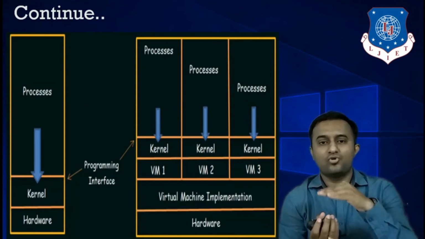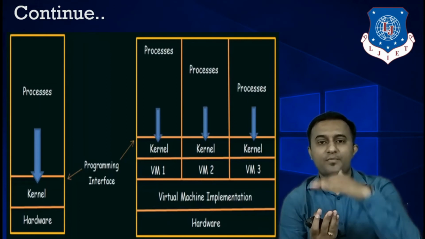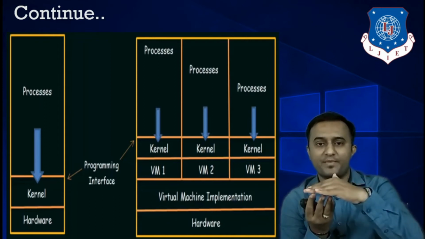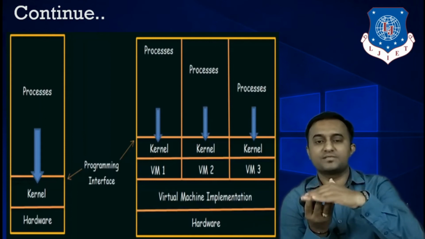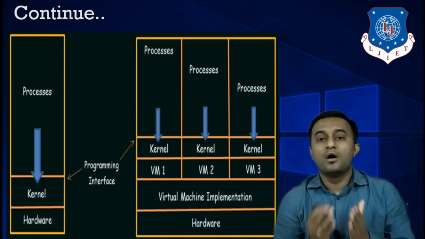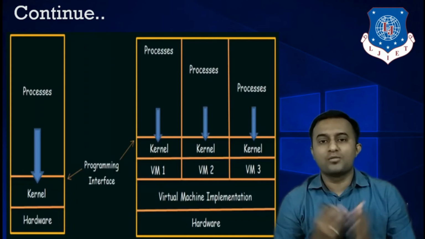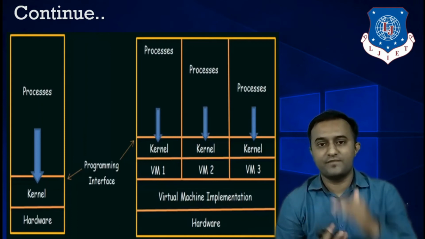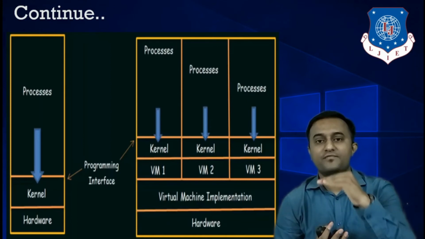Fine. So on the hardware we have installed the Windows operating system, and on the Windows operating system we have installed this VirtualBox, or you can say the virtual machine implementation software.